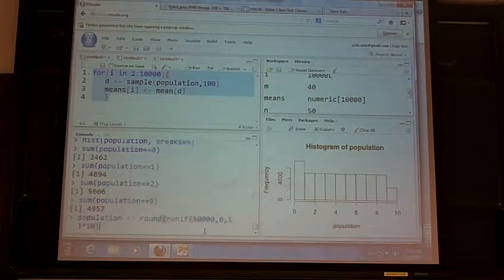Okay. Let me just try to generate my population again, and I'm sorry about this. Oh, I see. It's not round, but I want it on floor.